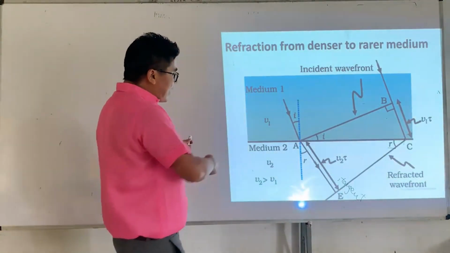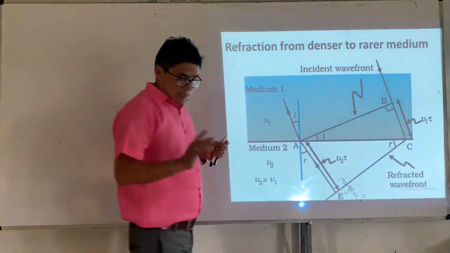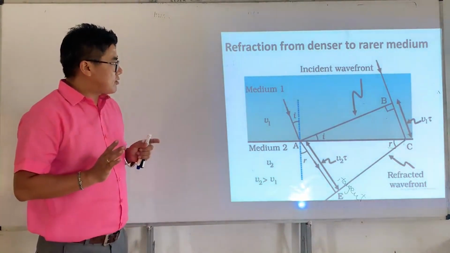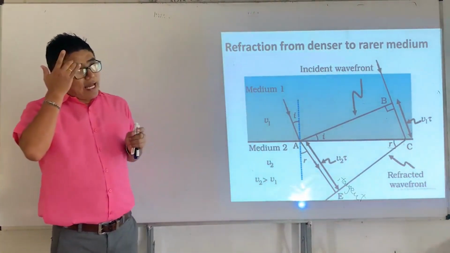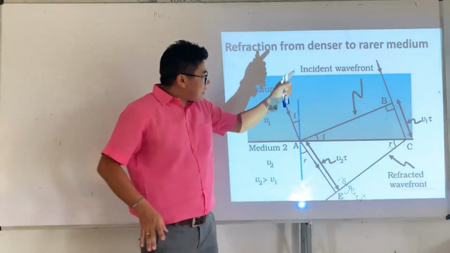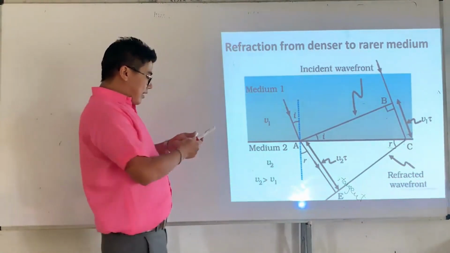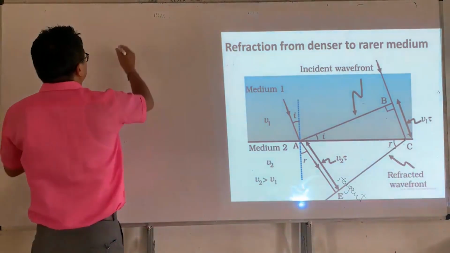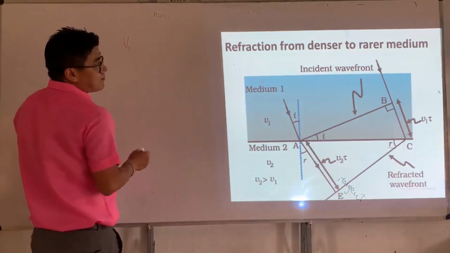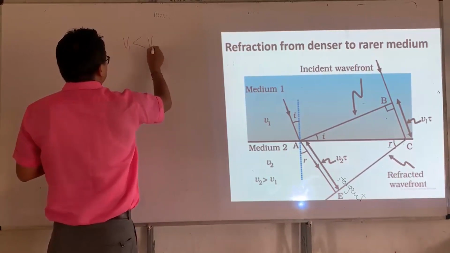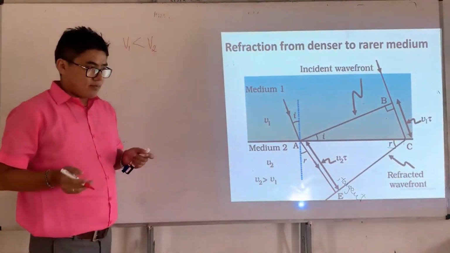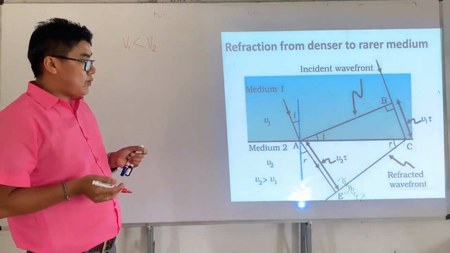This is again AB, the incident waveforms, and I is the angle of incidence. Now look here, in this case V1 is less than V2. Why?